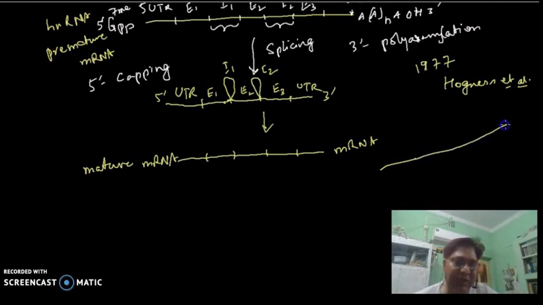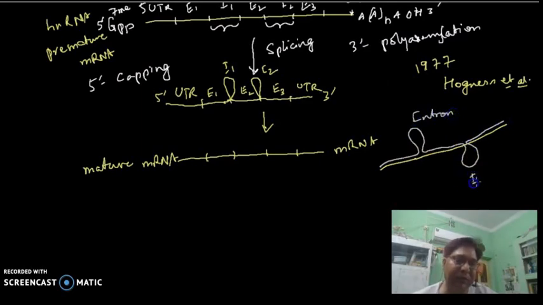So this is the RNA, and the DNA forms loops like this at certain regions. Okay, these loops indicate the intron regions.